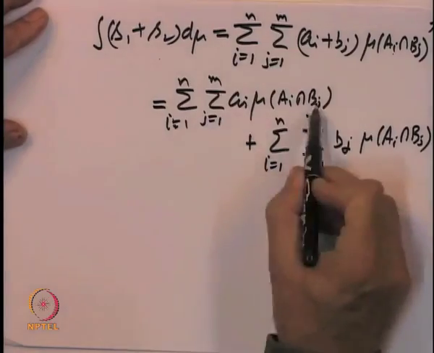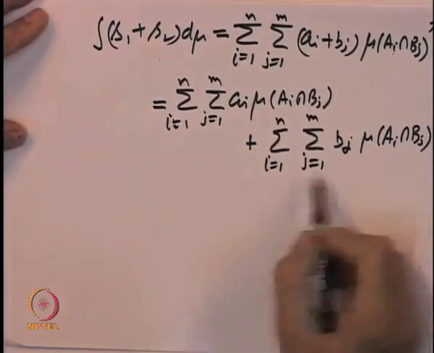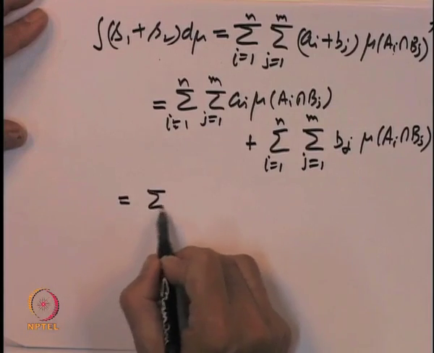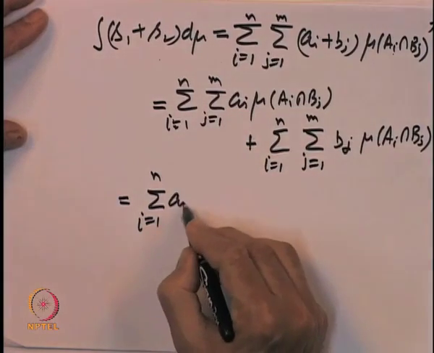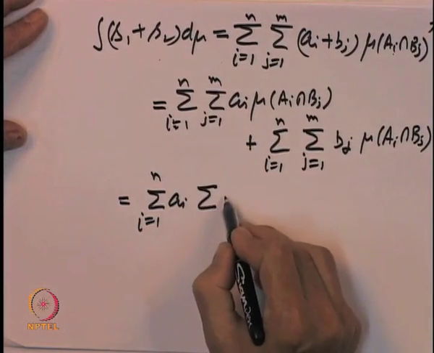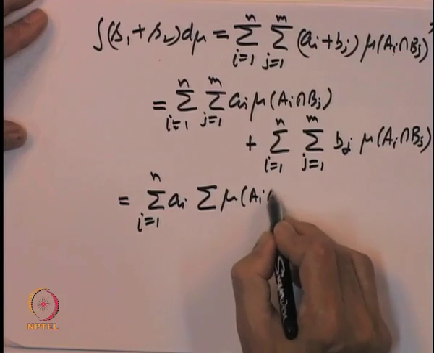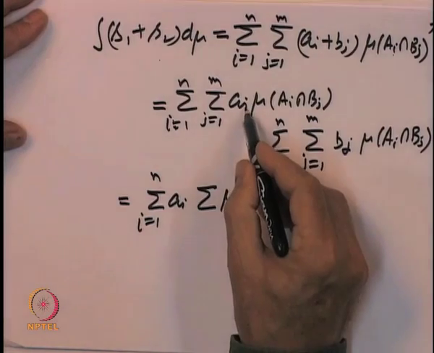And now, these are all finite sums. So, we can write the first term as sigma I equal to 1 to n, take A I outside, and this is summation over j equal to 1 to m of mu of A I intersection B j, because the outer summation is over I only.